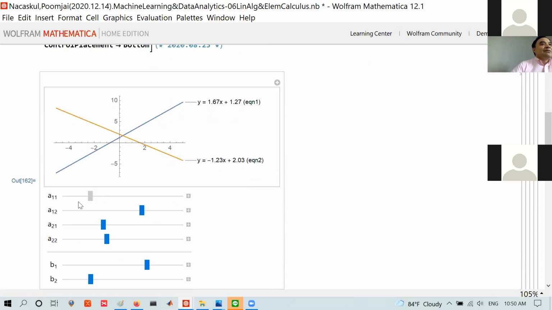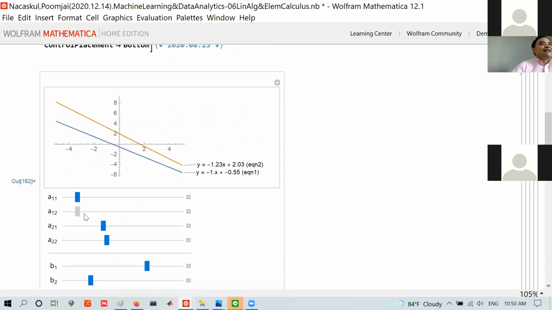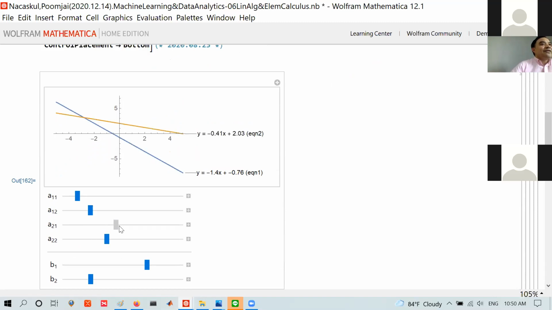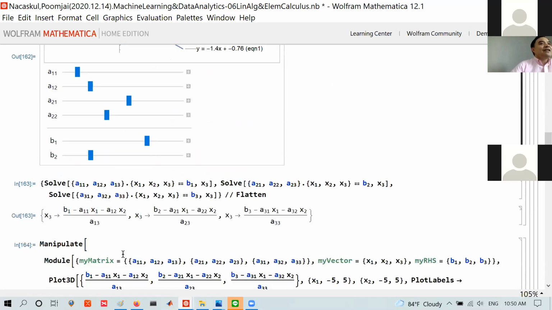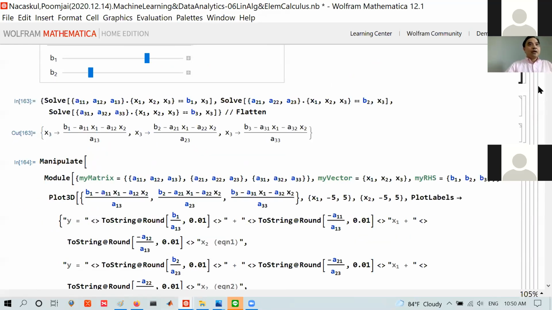But if I make this parallel, you don't get a solution. And if I move things around, I can see whether you get a unique solution, infinitely many solutions, and so forth. That's basically what we have done.